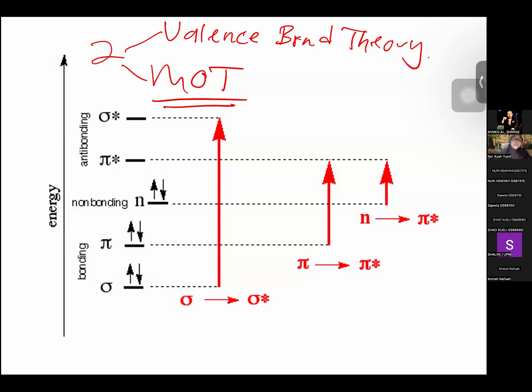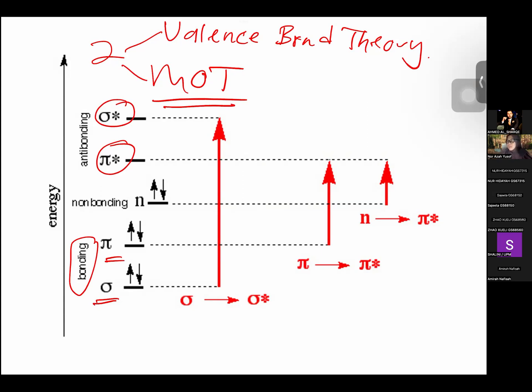In molecular orbital theory, the orbitals are named differently: sigma, pi, sigma star, pi star.